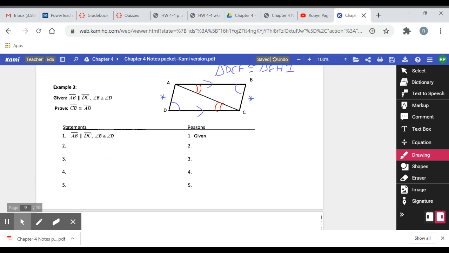So I need to say that. I can say angle BAC is congruent to angle DCA. And just like we did in chapter 3, we can say if lines are parallel, then alternate interior angles are congruent.